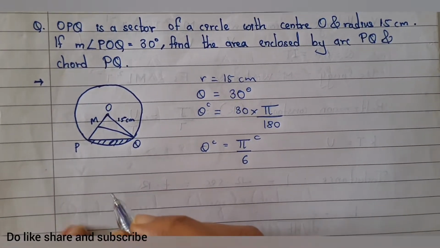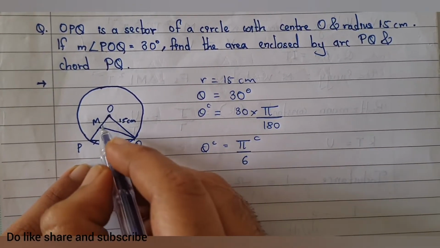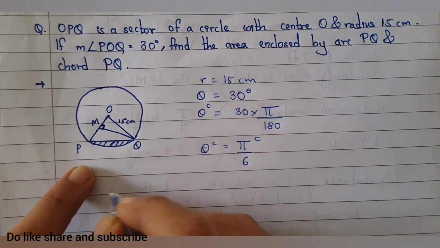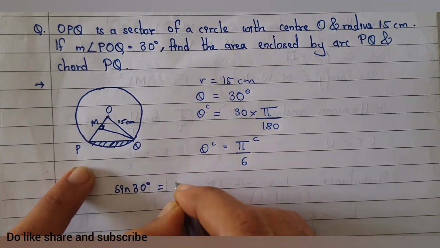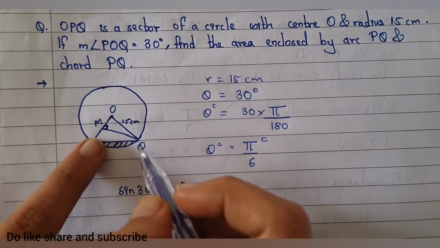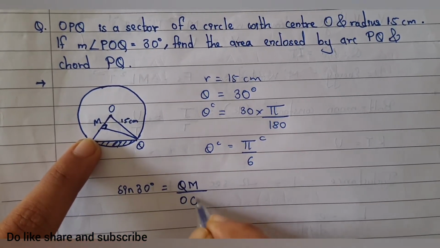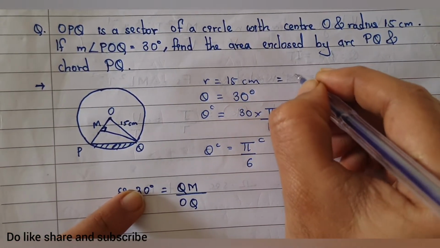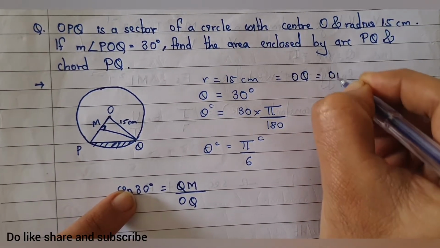Here I have drawn QM, which is perpendicular to the side OP. Here it will give us sine of 30 degrees equal to QM by the hypotenuse OQ. Here radius is 15 centimeter, that is OQ, which is also equal to OP.